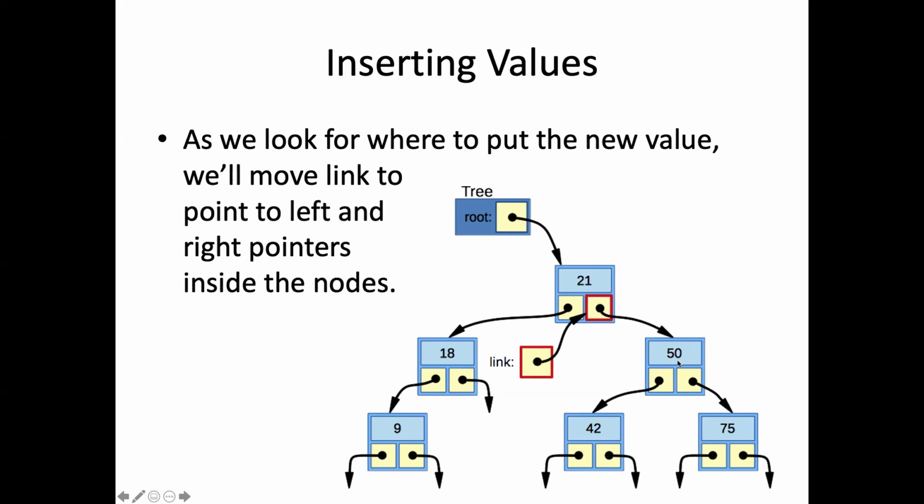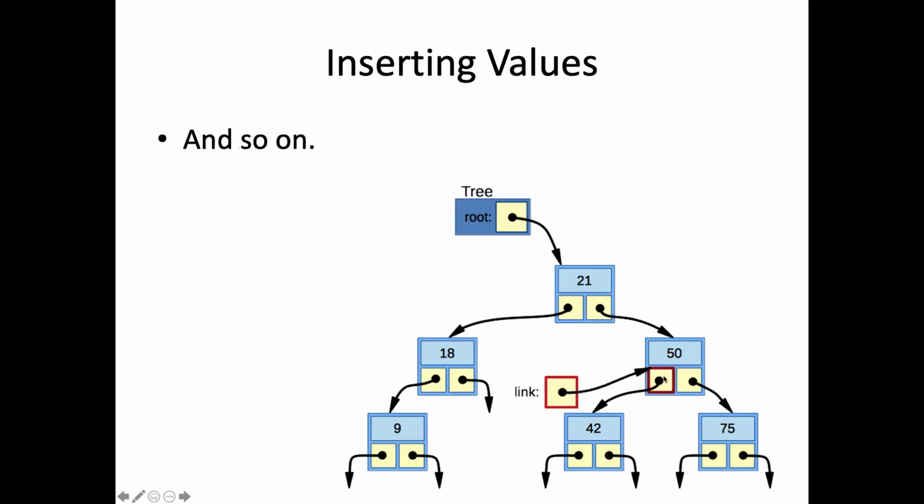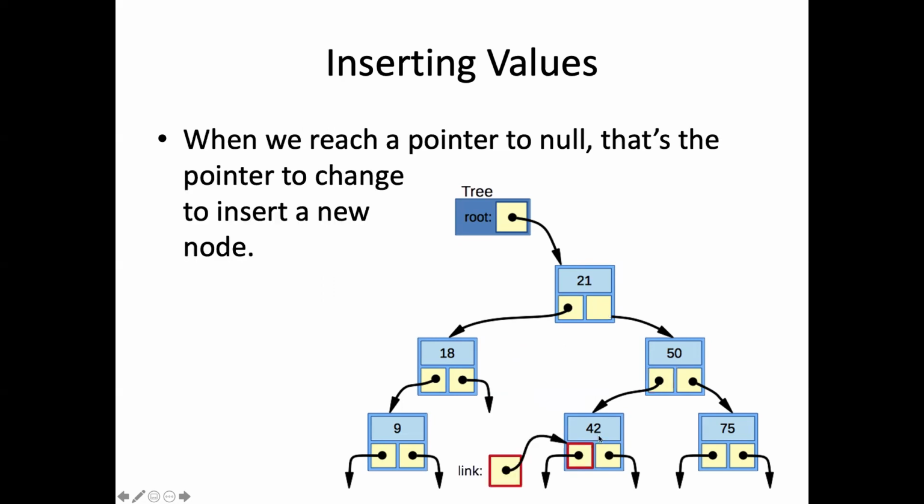So the next place we need to go is link will be a pointer to the left pointer in this node with the 50 on it. That pointer is non-null. The 30 is less than the 42 that it points to. So now link will be a pointer to the left child of 42. If 30 goes in the tree, it's going to involve changing what's in the left subtree of 42.